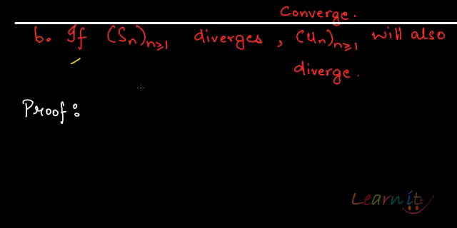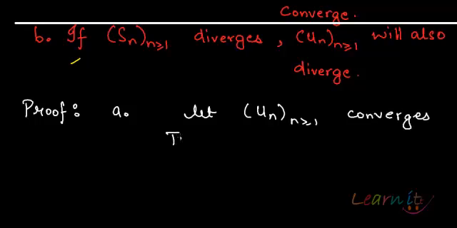Now, let's try to prove the first one. So, let us assume that Un converges. What do we have to prove? That Sn also converges.